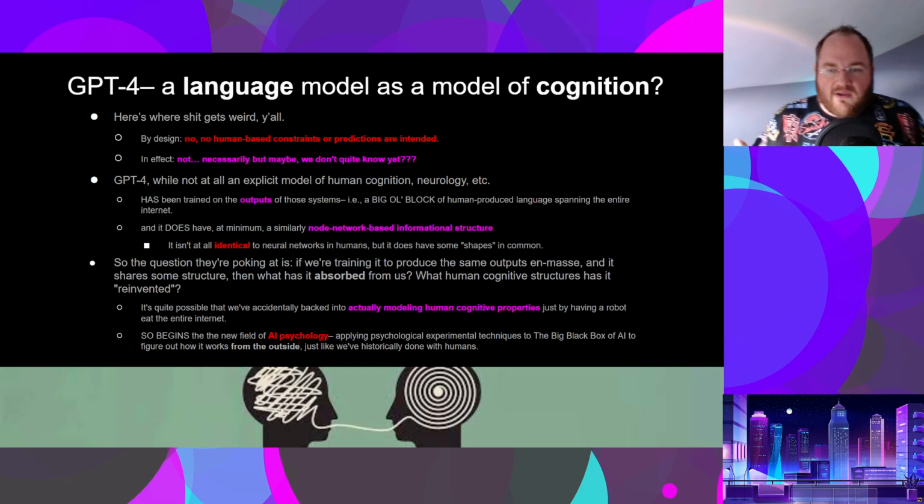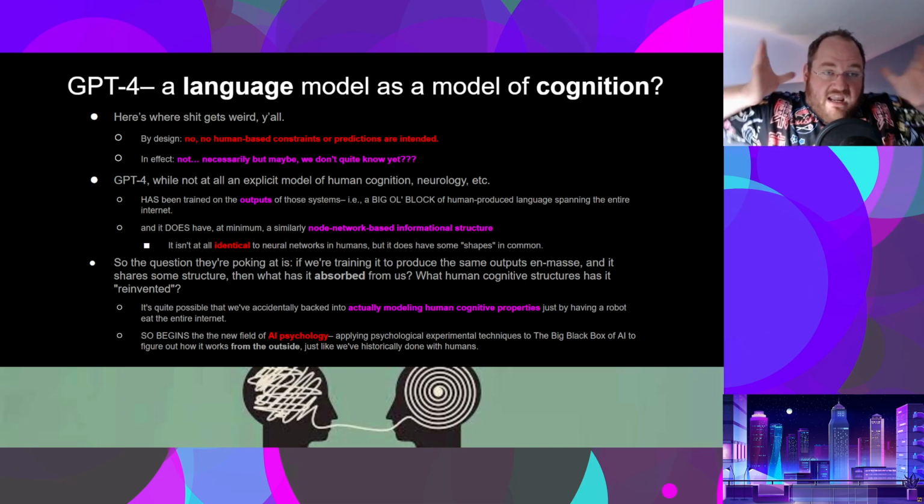So the question they're poking at is, if we're training it to produce the same outputs as such a cognitive human person system, in mass, and it shares some structure a little bit, then what has it absorbed from us, from the language? Are there human cognitive structures that it has reinvented in its machinery?